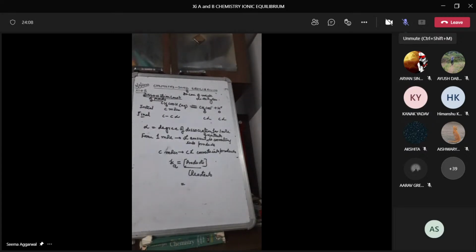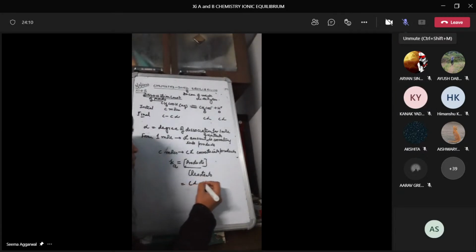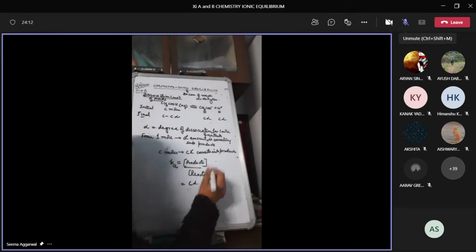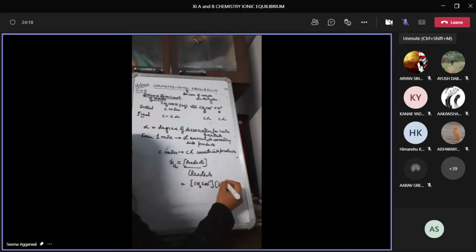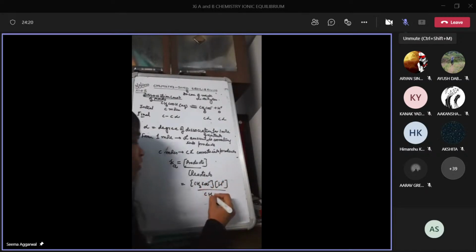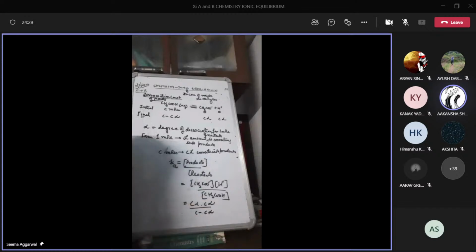C alpha into C alpha. It means concentration of acetate ions into concentration of H plus upon concentration of acetic acid at equilibrium. So it will be equal to C alpha into C alpha upon C minus C alpha.